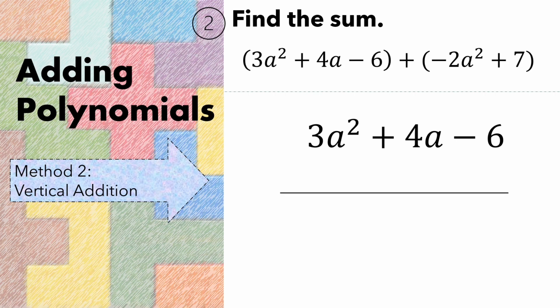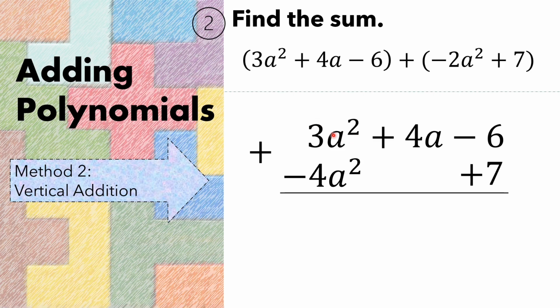So let's start by copying the first polynomial: 3a squared plus 4a minus 6, then plus negative 2a squared placed below 3a squared. There is no second term in the second polynomial, so leave it blank. And then next is the constant term, positive 7 under negative 6.